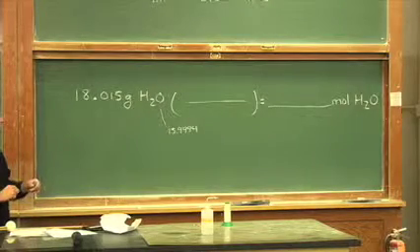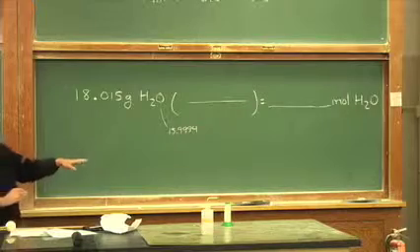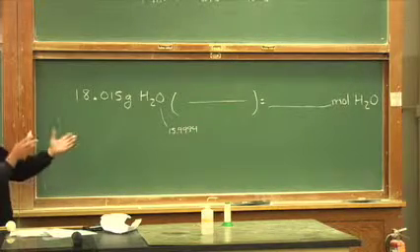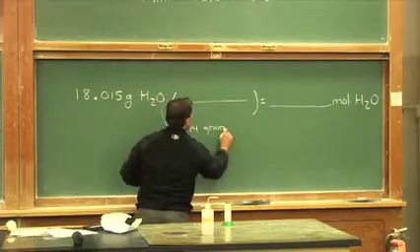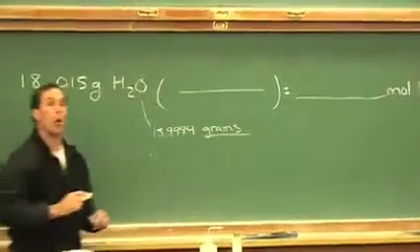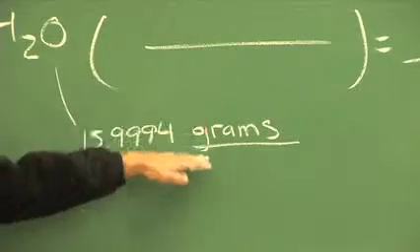Now the entry for oxygen does not list the units. It would be redundant to put these units on the periodic table 116 times, but the units are in fact grams per mole. What I'd like to do for this first exercise is not write grams over moles.